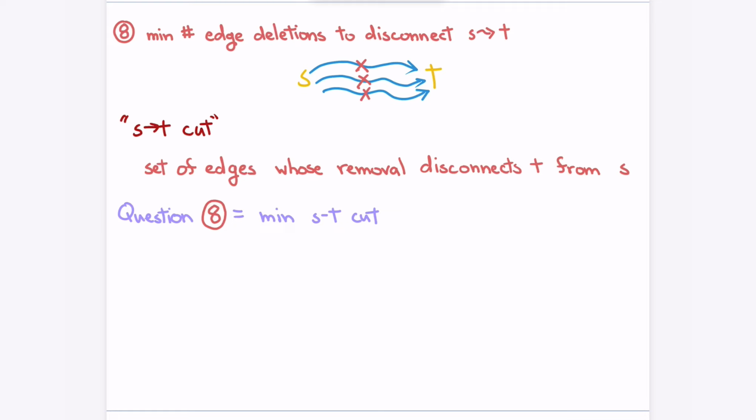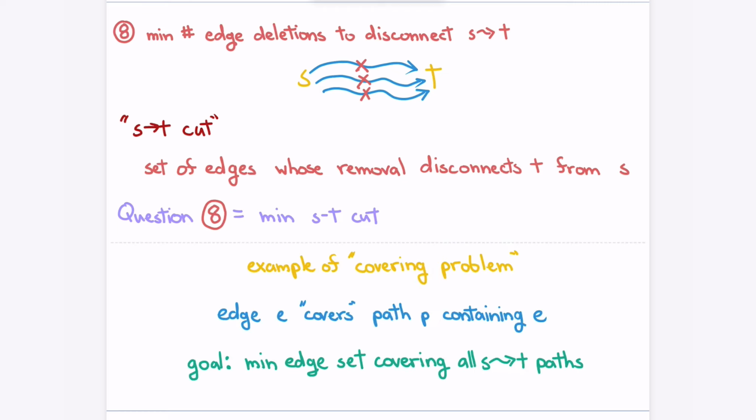Saying that I disconnect T from S is like saying once I remove these edges, there's no path left, right? So each edge will contain any path that goes through it. There are exponentially many paths from S to T. What's the minimum number of edges you need to take to cover all of the paths?